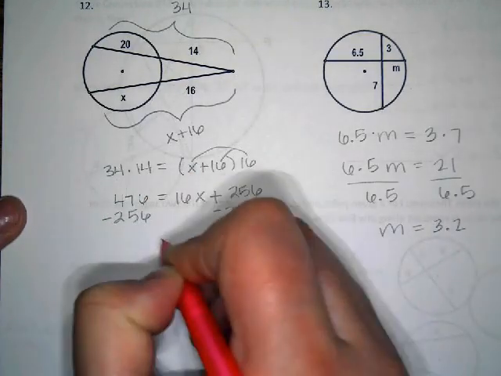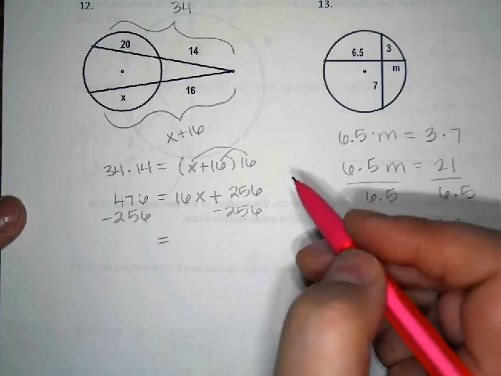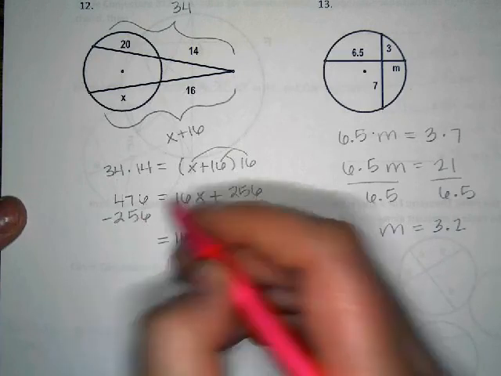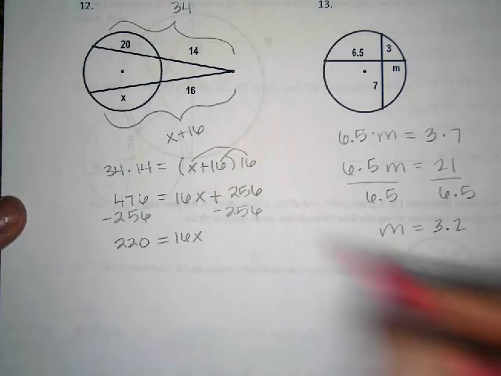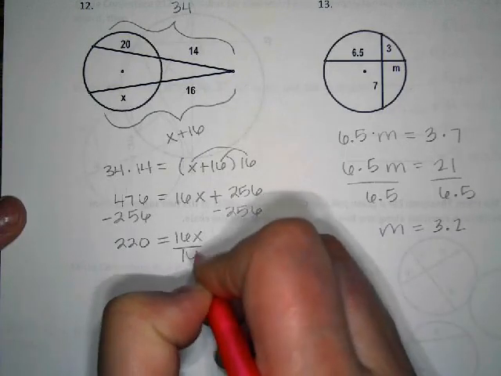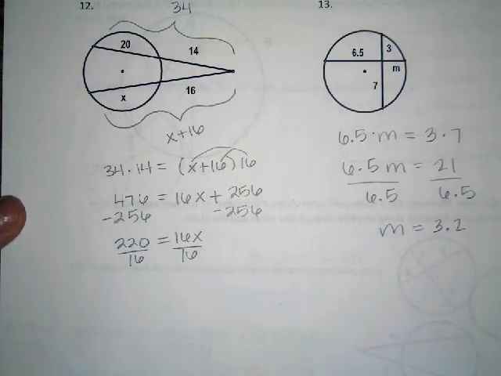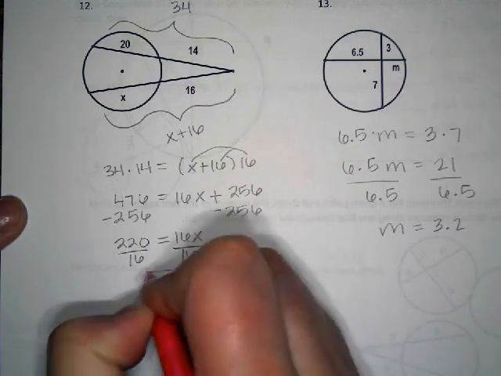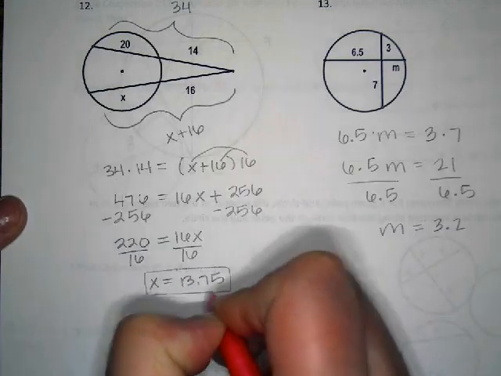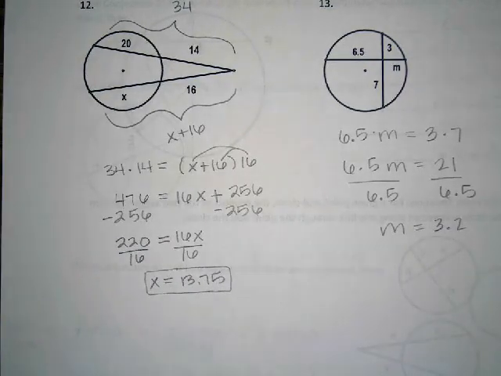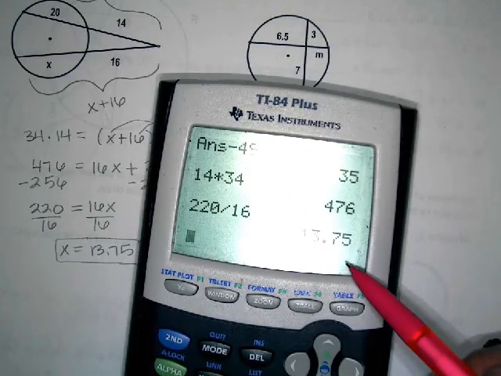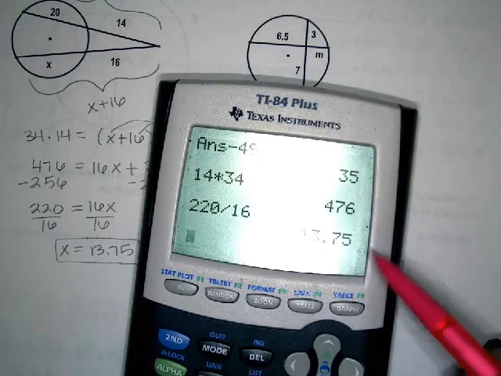So 16x equals 220. And x equals, you could do 13.8. Usually in situations like this, if you have a decimal where you can write down the whole decimal without rounding, it's better to do that. So we typically only round decimals where that's a requirement, where you couldn't possibly write down the whole thing.